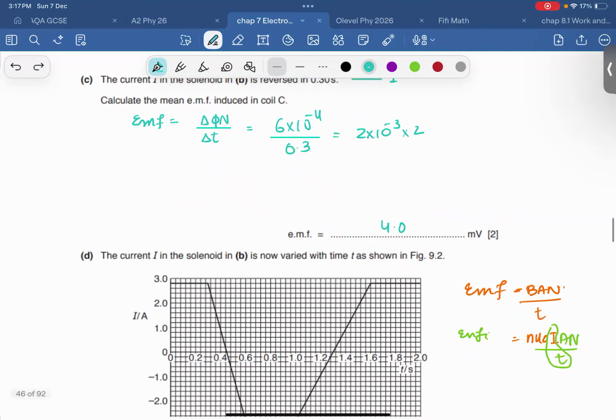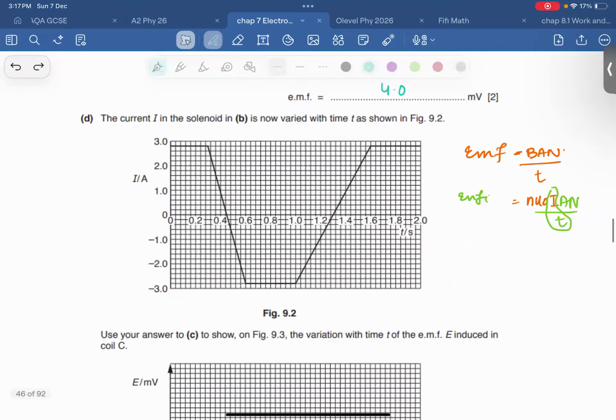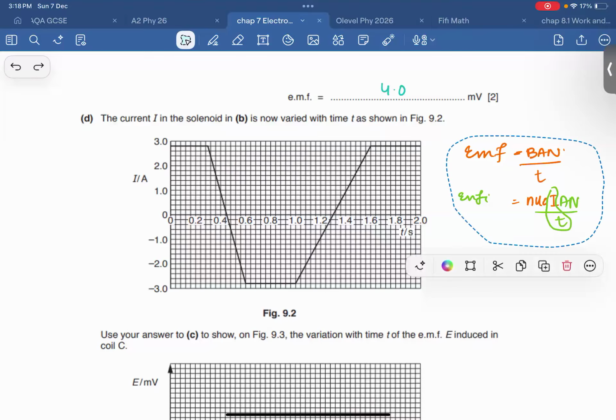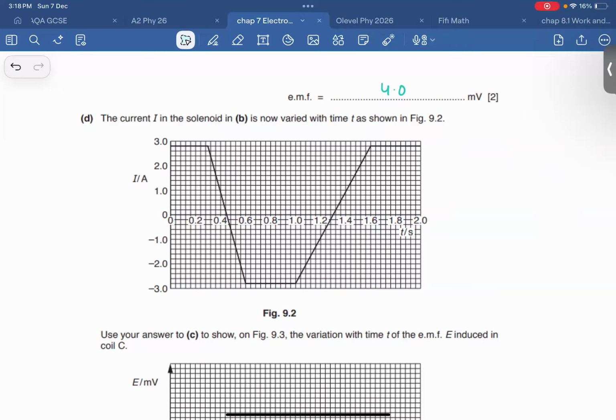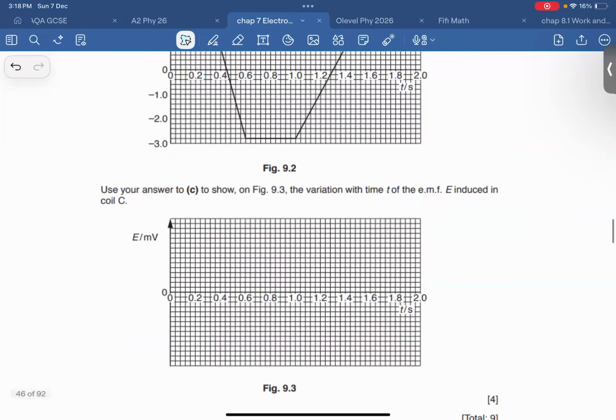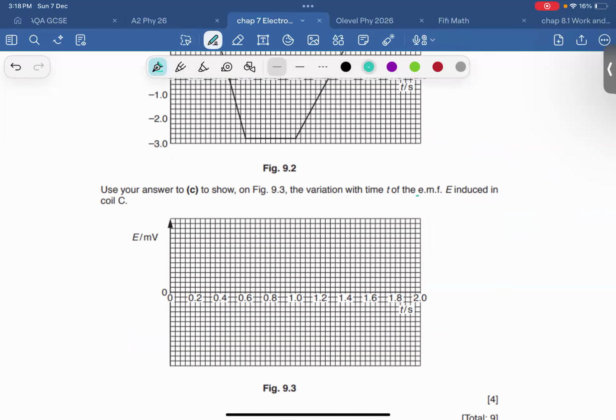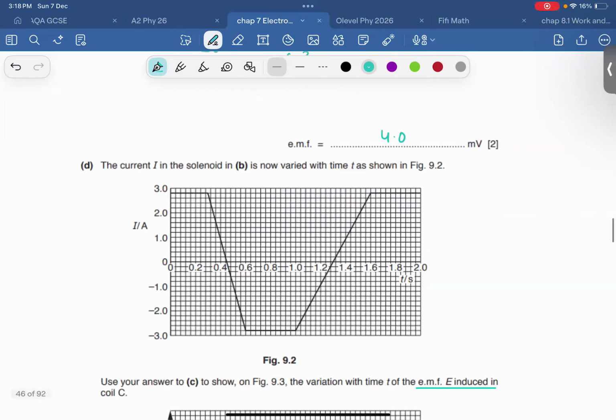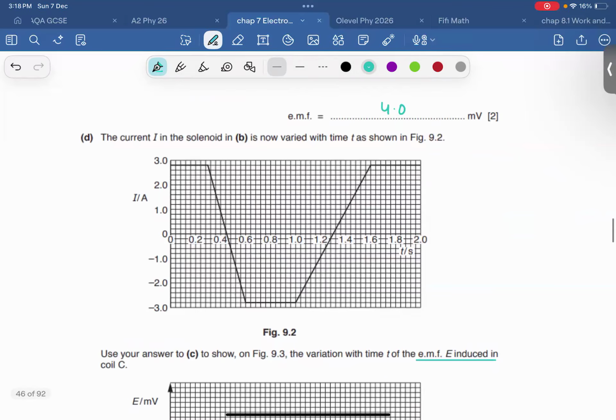Okay, now let's move on to this part. You have the current graph given. The current I in the solenoid is now shown, and they're asking you to show the variation with time t of the induced EMF. You know that the change in the current in the coil generates the induced EMF.